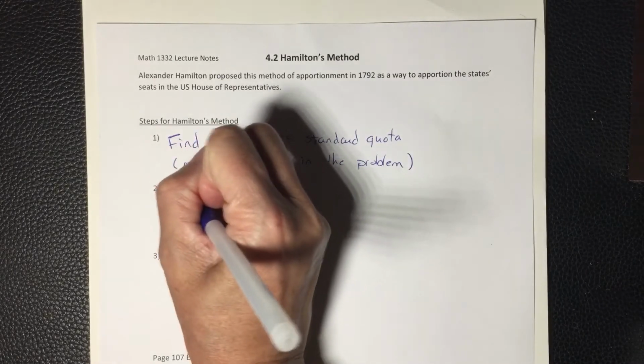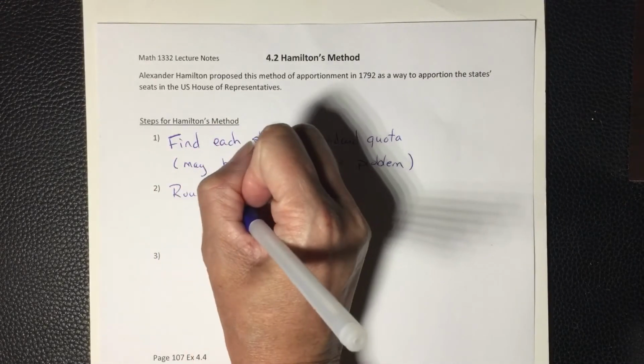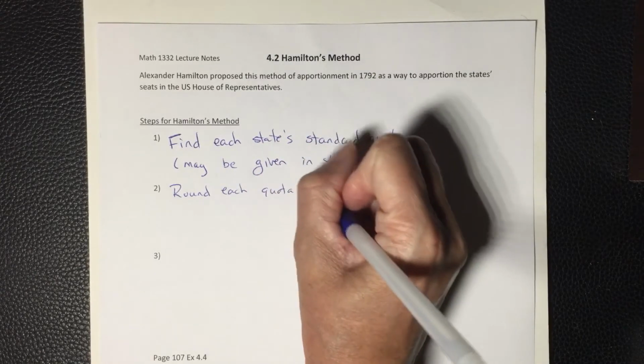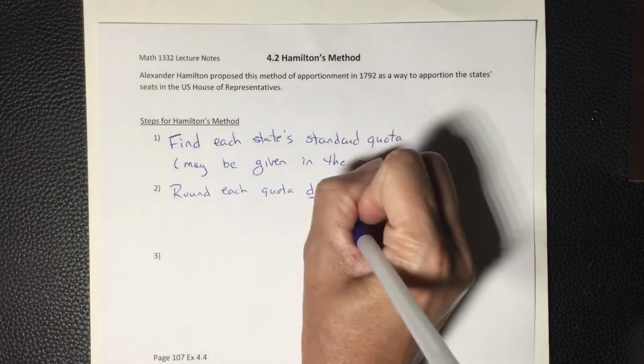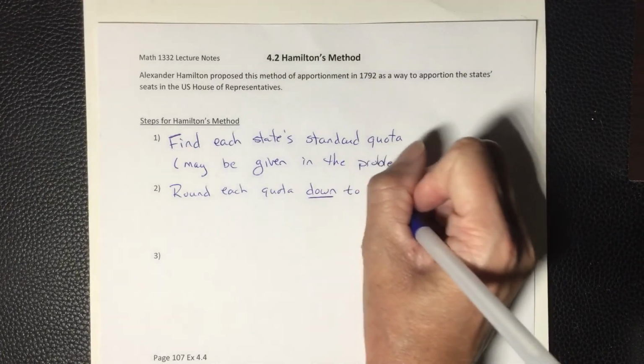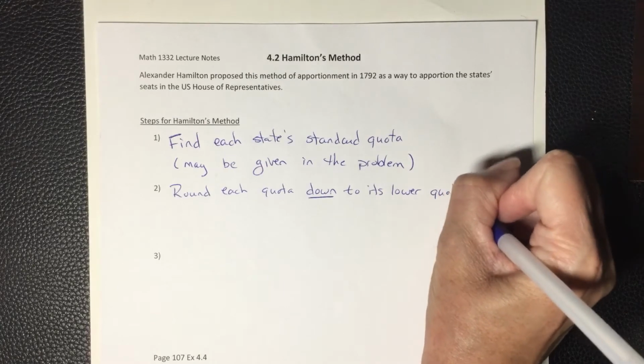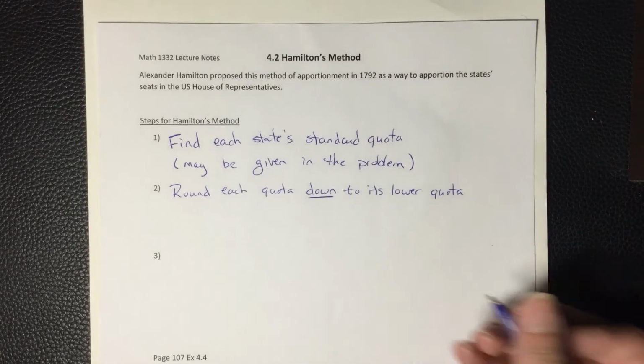So what we're going to do in step 2 is round each quota down to its lower quota. That's just a fancy way of saying round down.